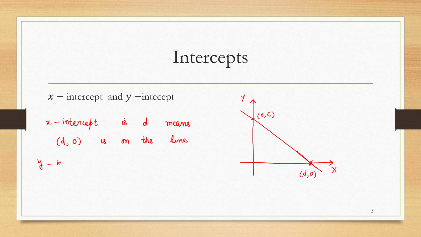Similarly, y-intercept is c means the point (0, c) is on the line. So in this way, if we are given the x-intercept, we are given one point on the line, (d, 0). If we are given the y-intercept, we are also given one point on the line, that is (0, c). And it may happen that we are given both, then we are given two points on the line.